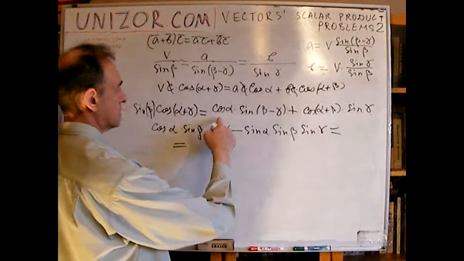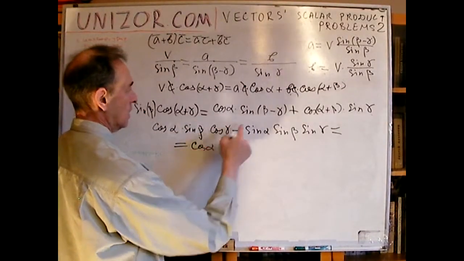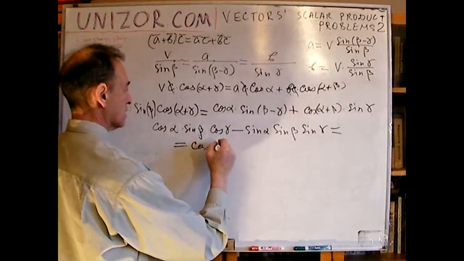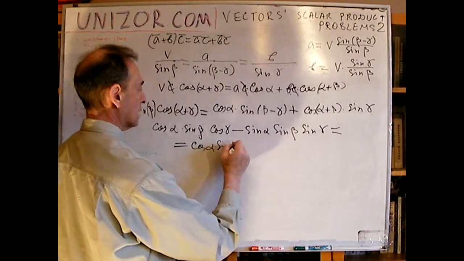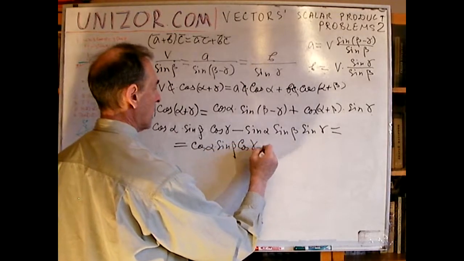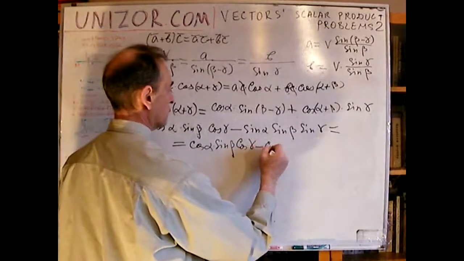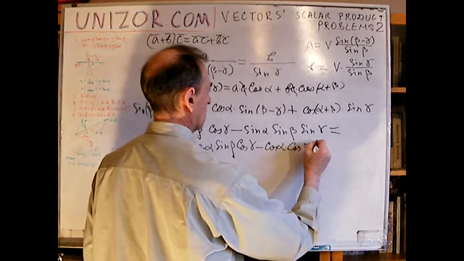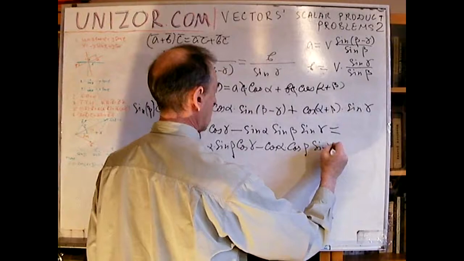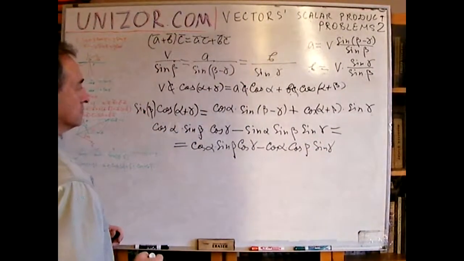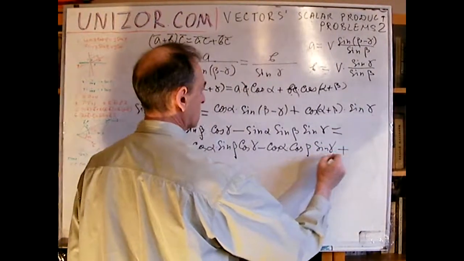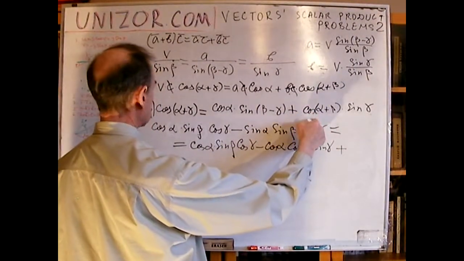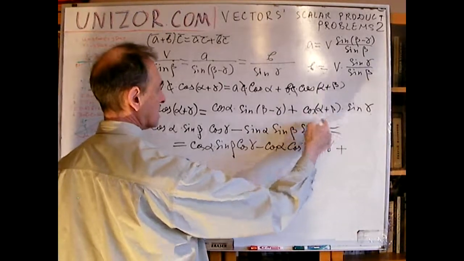All right, same thing, cosine alpha, sine cosine minus cosine sine, right? So it's sine beta cosine gamma minus the same cosine alpha, cosine beta sine gamma, plus this thing, cosine cosine minus sine sine, right?